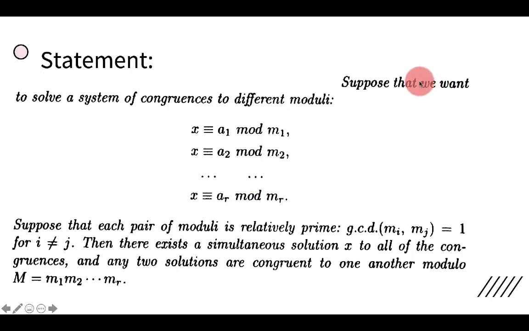It states that if we are given a system of congruences of the form x congruent to a1 modulo m1, x congruent to a2 modulo m2, and so on, x congruent to ar modulo mr, where each pair of moduli is relatively prime, then the theorem claims that there exists a simultaneous solution x to all of these congruences, and any two solutions to this system will be congruent to one another modulo capital M, where capital M is the product of all these moduli.